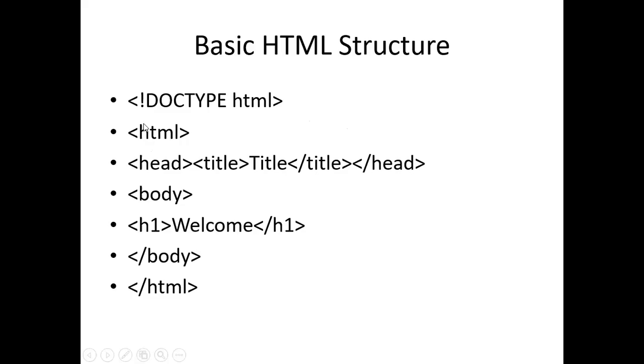Then start with the HTML tag. Then you can write head. In the head you can also include the title. What is the difference between head and title, we will see. Then coming to body, in the body we need to include all the tags.